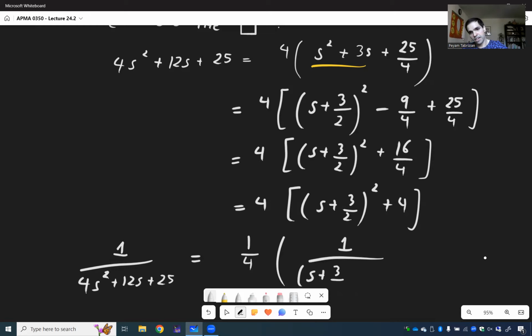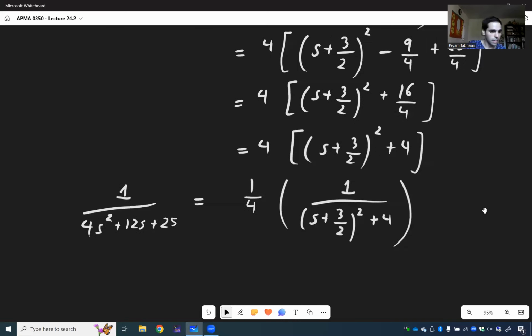So s plus 3 halves squared plus 4, again 1/4 because we're taking the reciprocal of 4, and then 1 over the other thing, again by reciprocals.